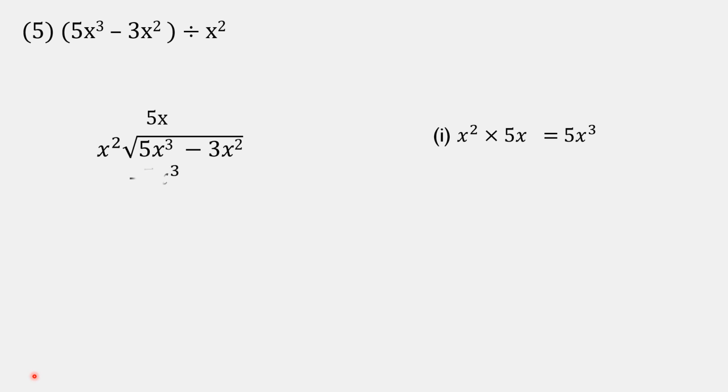Below that you'll write 5x cube, because x square into 5x gives 5x cube. Now you have to subtract, so you'll put the minus sign. Then 5x cube minus 5x cube becomes 0. So we'll write 0 here.